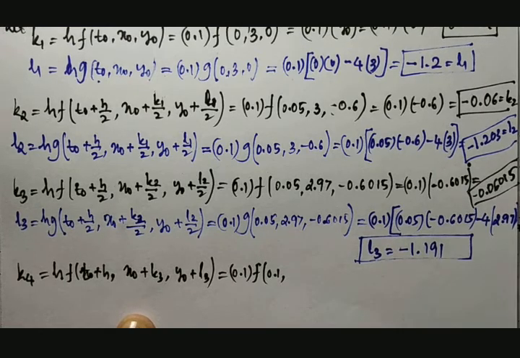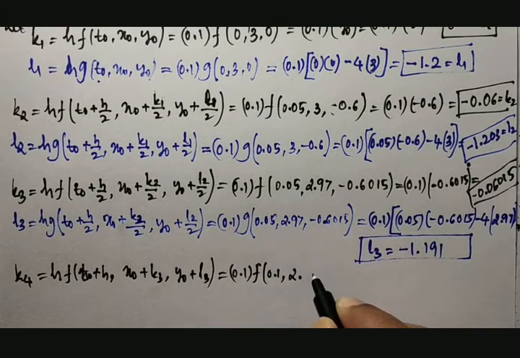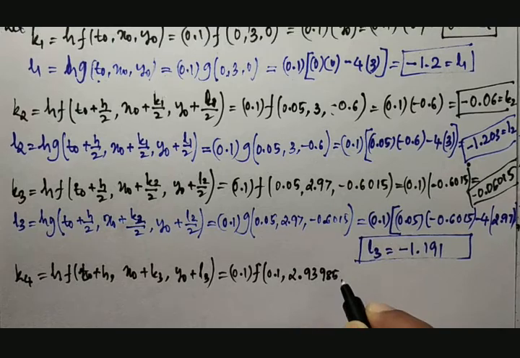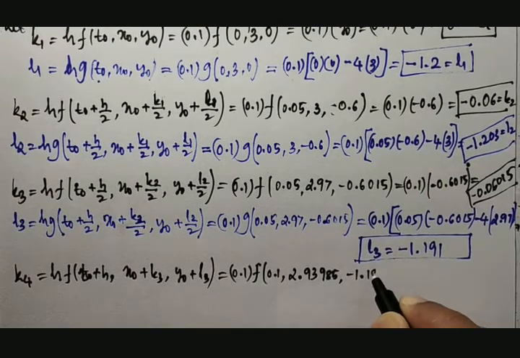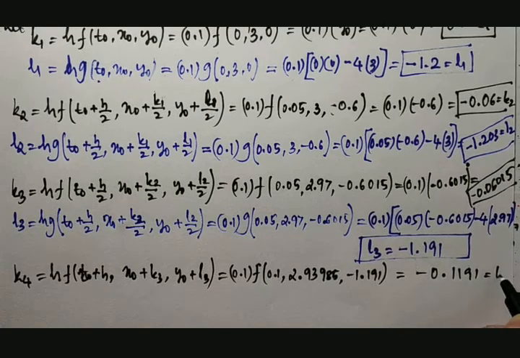K3 is minus, so it will be equal to 2.93985. Similarly, it will be minus 1.191. Okay, so if we calculate this, it will be equal to minus 0.1191. This is K4.